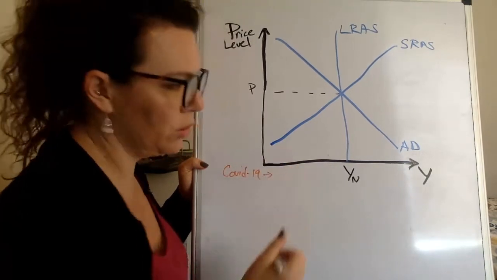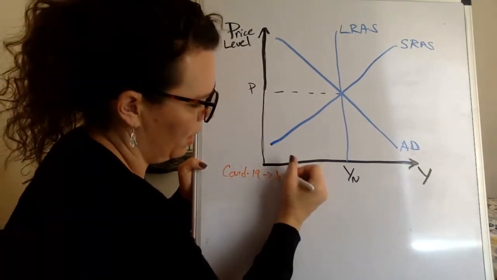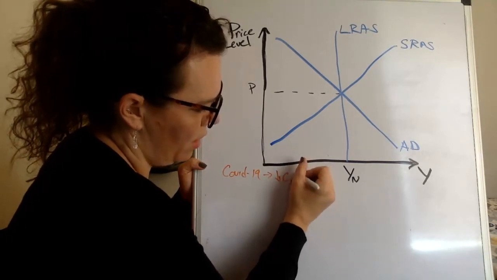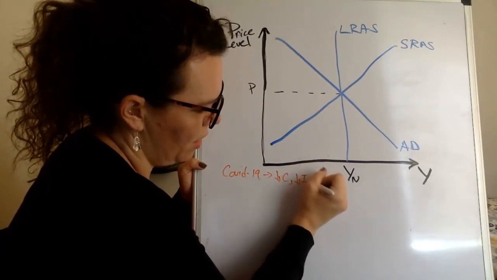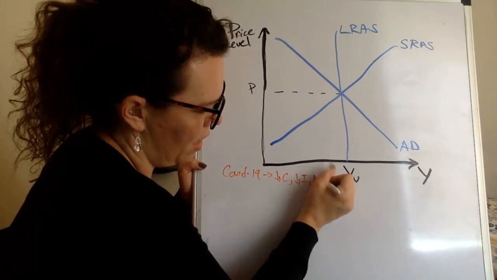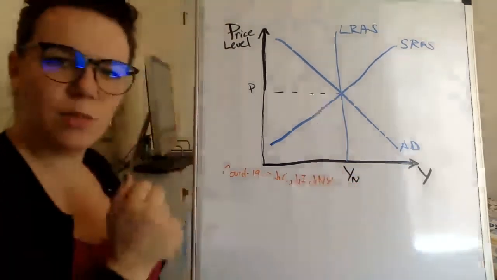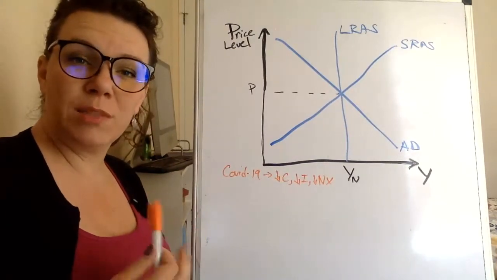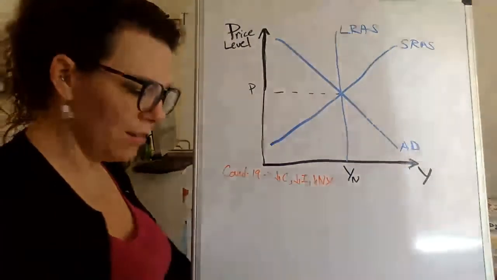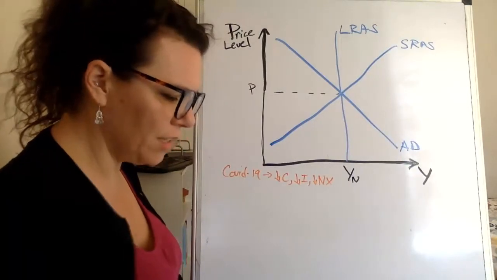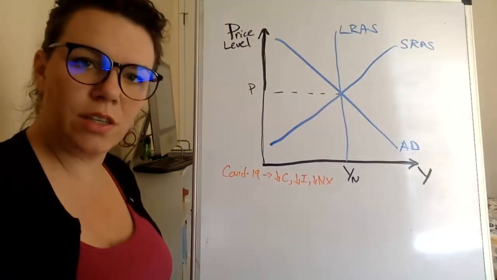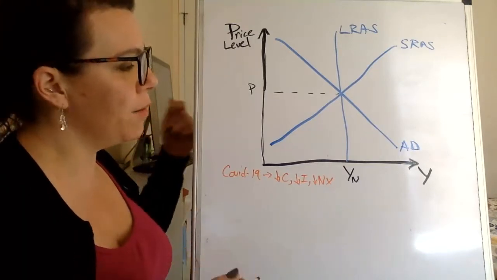It's going to lead to a decrease in consumption spending, a decrease in investment spending, and a decrease in net exports. And that's because households are buying fewer goods and services. Firms are experiencing a lot of uncertainty, and so they're going to be unlikely to want to expand or invest in new things. And other countries are also experiencing it, so they're going to be demanding fewer of our goods.